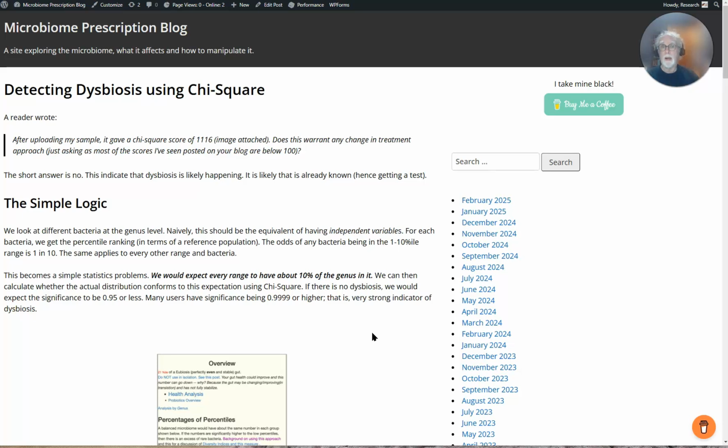Simple as that. And now that you have your expected value, 10%, you can go and compute your actual value for a particular sample. Then you have expected and actual, and now you just walk through and do the chi-square formula and see what probability there is for just being random or just indicating dysbiosis.